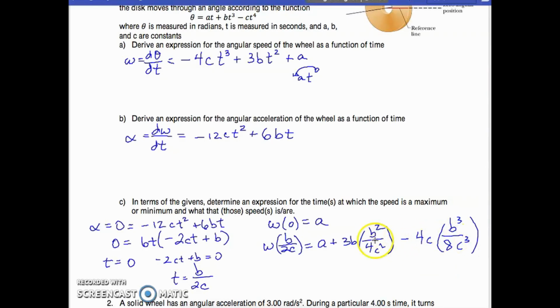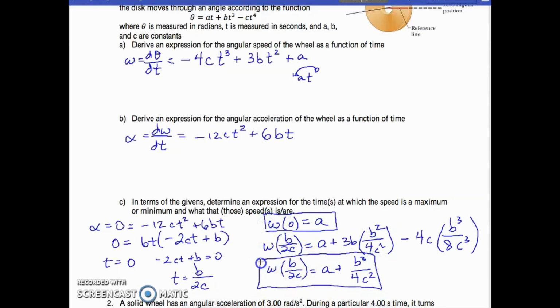Now these 2 terms can be combined, but we will still have a plus a here. So our combined and simplified terms end up being a plus b cubed over 4c squared. And that's the 2 speeds that are either maximum or minimum.